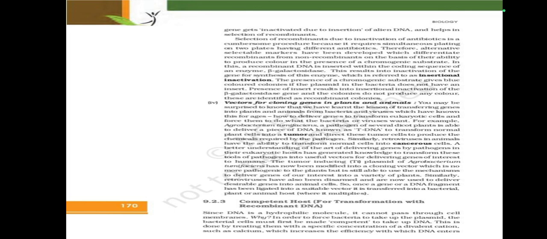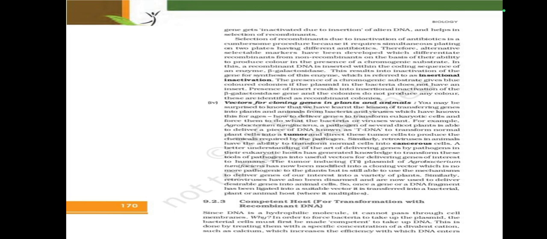For example, Agrobacterium tumefaciens, the pathogen of several dicot plants, is able to deliver a piece of DNA known as T-DNA to transform normal plant cells into a tumor and direct these tumor cells to produce the chemicals required by the pathogen. Similarly, retroviruses in animals have the ability to transform normal cells into cancerous cells.